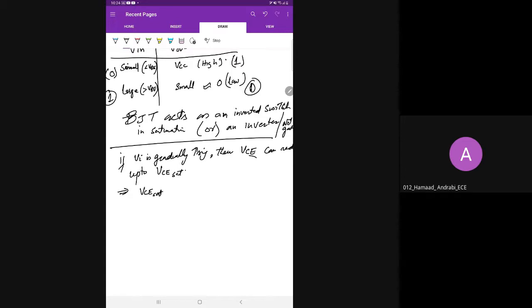VCE saturation basically represents the minimum voltage drop between collector and emitter terminal due to non-zero internal resistance of BJT.